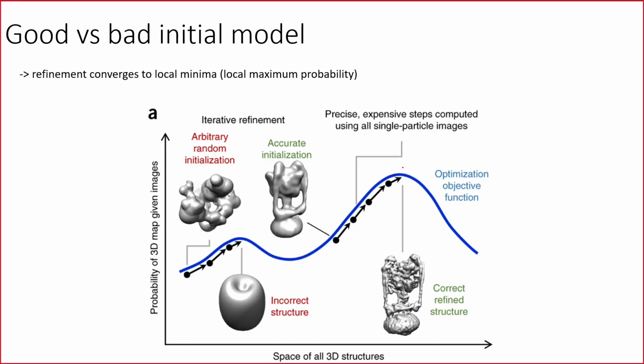Then it goes to the correct maximum. The problem here is that if we go to this local maximum, we see that if we move to the left or to the right, we are going downhill. So it seems that the probability that the correct model is outside this area is low, yet we need to overcome this valley to get even higher.